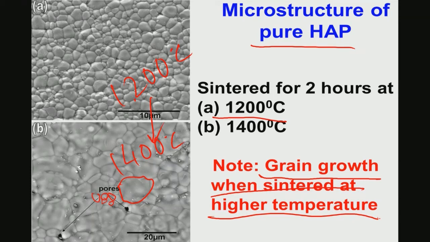You may get a dense microstructure, but at the expense of grain growth. In other words, if your sintering temperature is higher, then certain grains will show exaggerated or abnormal grain growth. Essentially, you will get a mixed population of larger grains together with smaller grains, and that is not good for mechanical properties.